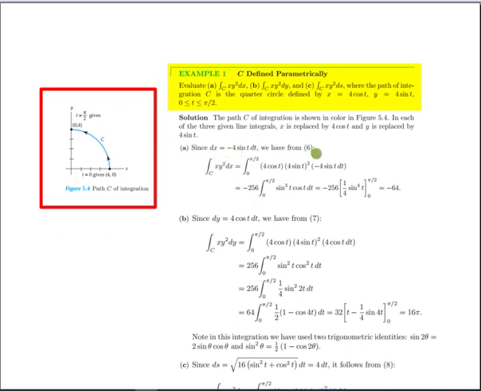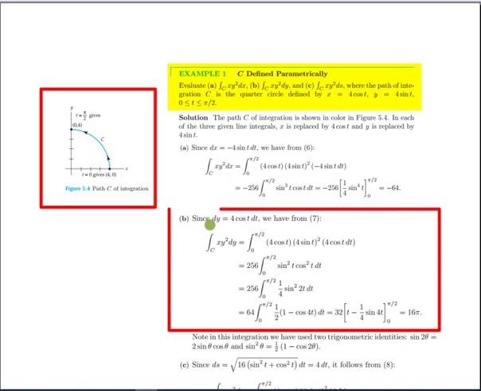So from 6, the integral over C of xy² dx, the contour starts from 0 and ends at π/2, these are the values of t. x is 4 cos t, y is 4 sin t, and dx equals minus 4 sin t dt, and after evaluation of the integral we will get minus 64.